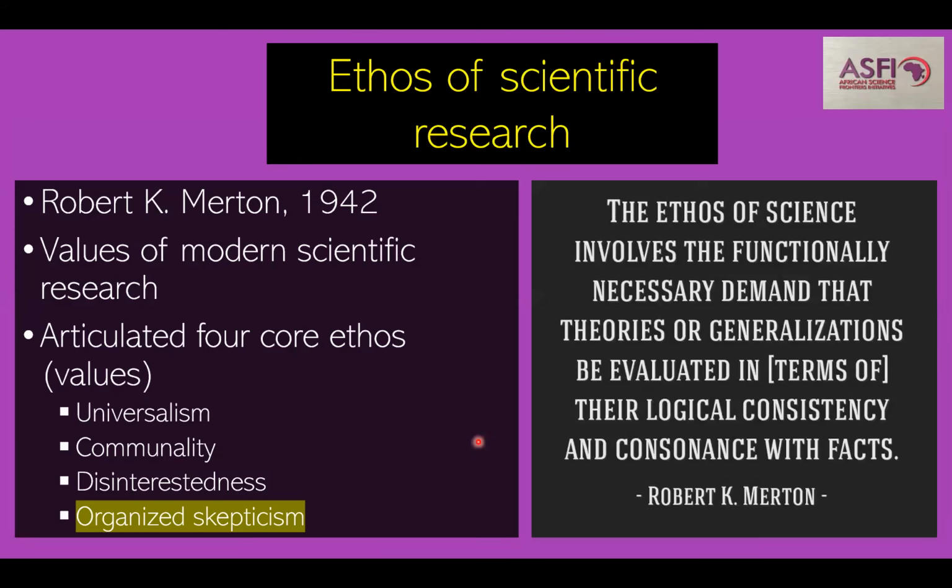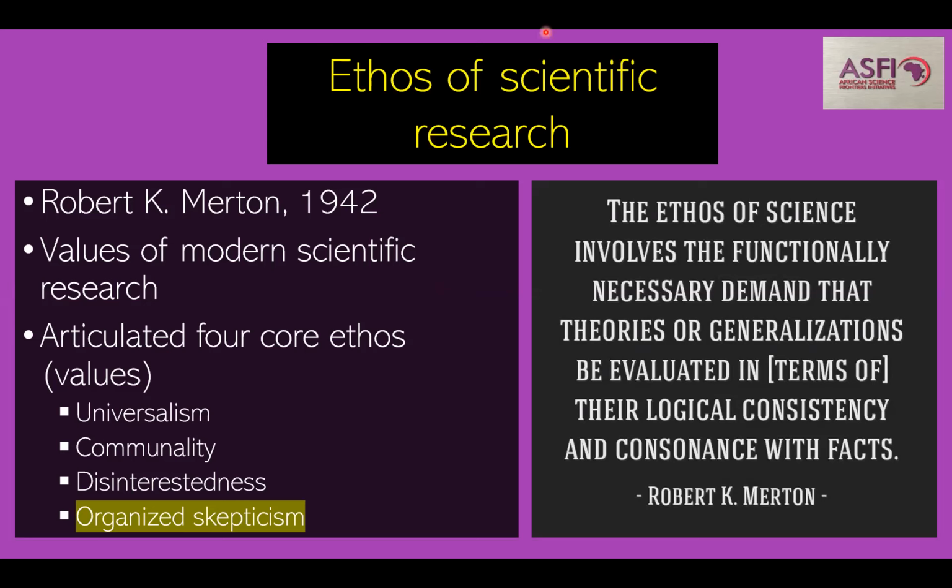I think the best place to actually start is to highlight this. Those of you who perhaps have attended our course on reproducibility in scientific research, you might have come across this name, Robert Merton, who in 1942 or way back has described what he called the ethos of scientific research, or values of modern science.